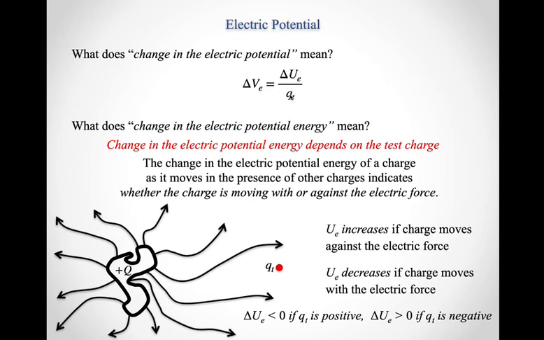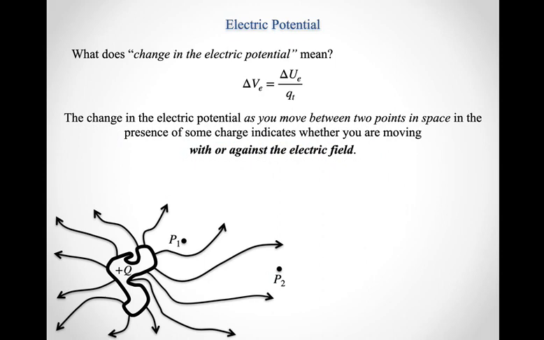Positive divided by something negative still gives me something negative. So the interesting thing here is that the electric potential is going to say the potential energy cares about the test charge, but I don't. I'm going to get rid of thinking about what's the charge that you're moving around in space.